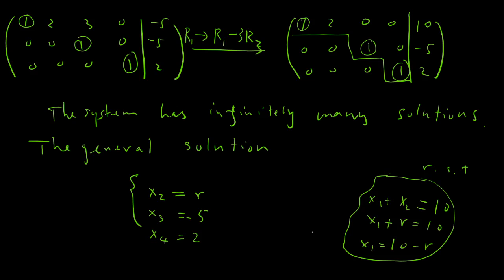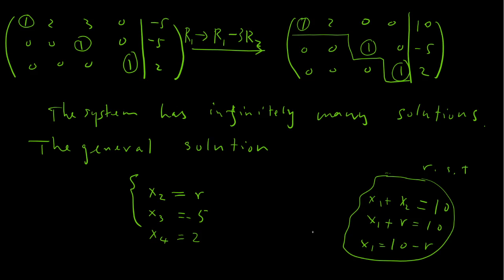Sorry, I think you're right. x1 plus 2x2 is equal to 10. Sorry about that, I think Harvey just told me I did something wrong. x1 plus 2r is equal to 10. x1 is equal to 10 minus 2r. That's right. So x1 in terms of r is 10 minus 2r.